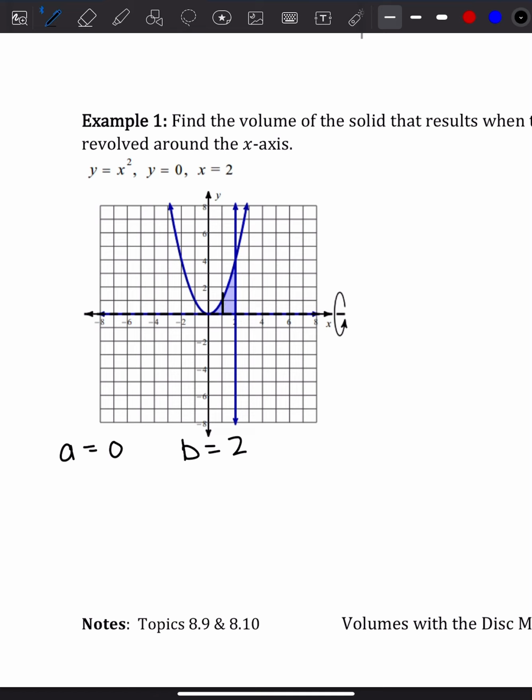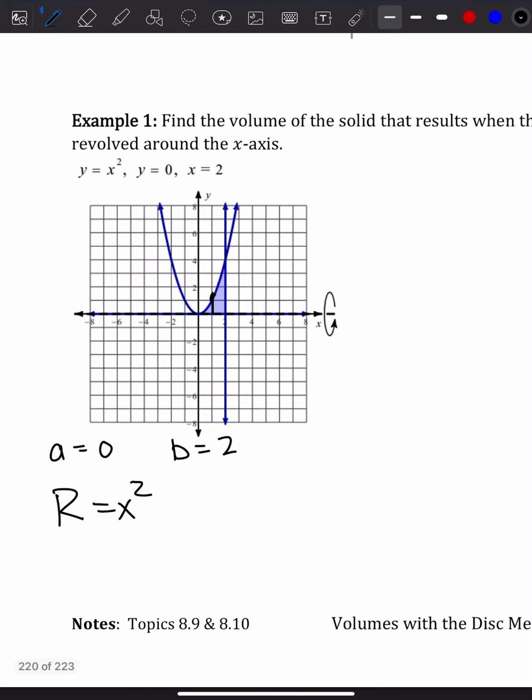Our radius is going to be the distance between our function and the axis of revolution, which happens to be the x-axis here. That distance is going to be everything under our parabola between these two bounds. Our radius is found by using our equation, because x squared gives us that distance between the x-axis and our function. So x squared is our radius.